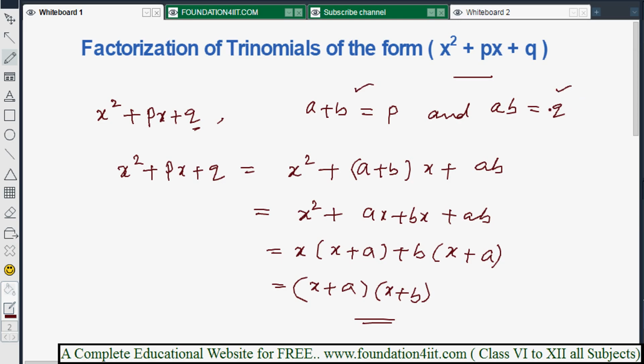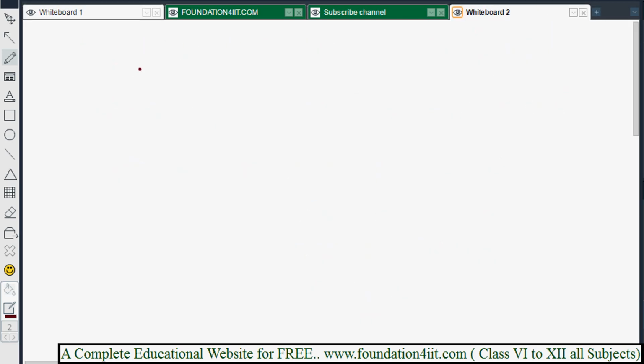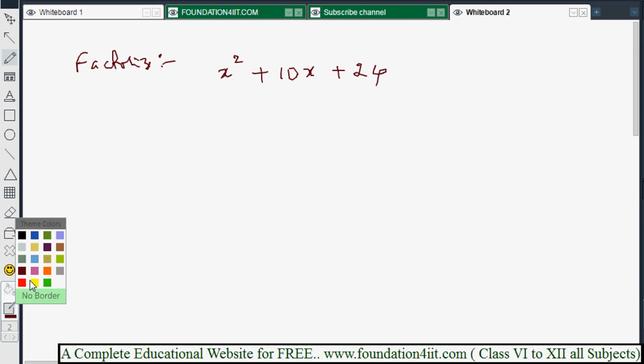I'll explain with examples now. We'll take the problem: factorize x square plus 10x plus 24. This is the question. What I explained, we need to find two numbers.